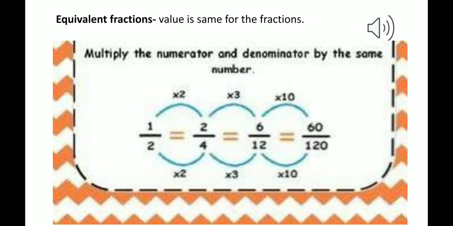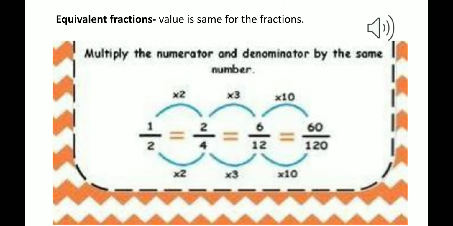When 1 by 2 is multiplied by 2, above it is 1 into 2, that becomes 2. And below it is 2 into 2, that becomes 4. So both numerator and denominator are multiplied by one common number, and that is why it is turning into equivalent fractions. If you take 2 by 4, and you cancel out because it has something in common, 2 ones are 2 and 2 twos are 4, and that becomes the same original number.